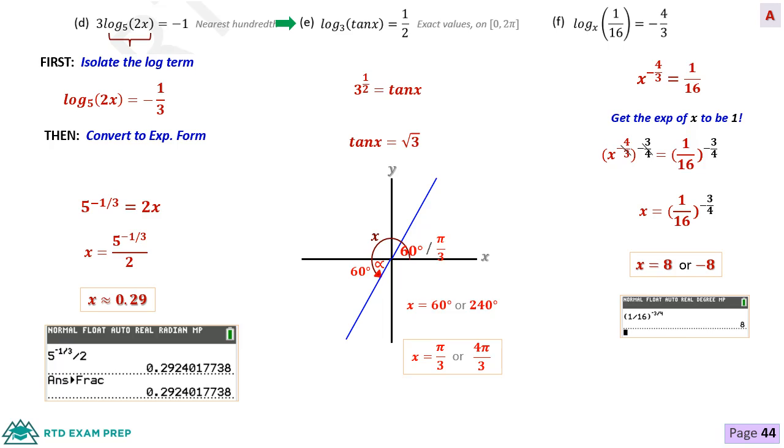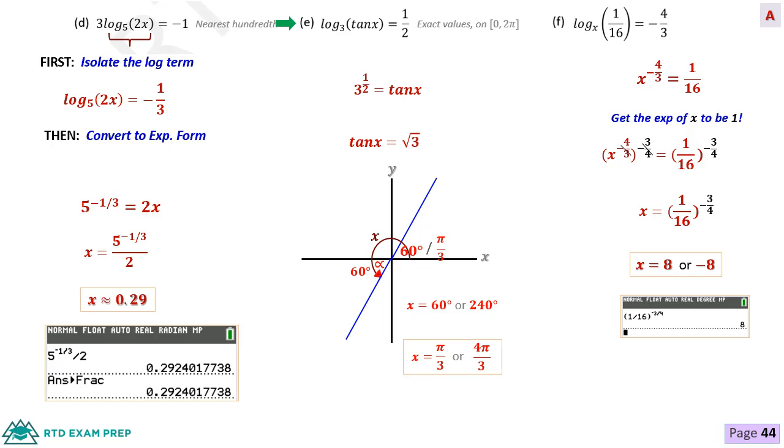Now, it's important to understand what the different parts of this exponent are doing. A negative sign is flipping the 1/16 to be 16. The 3 is cubing it, and the 4 is taking the 4th root.